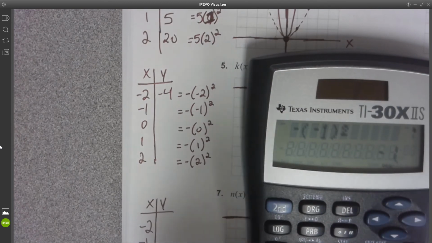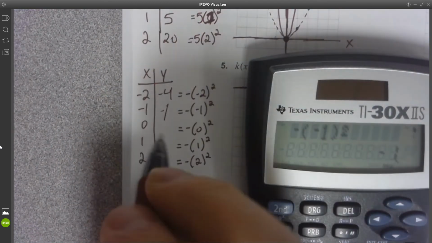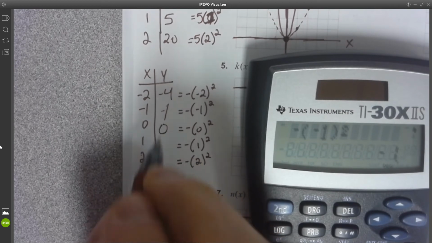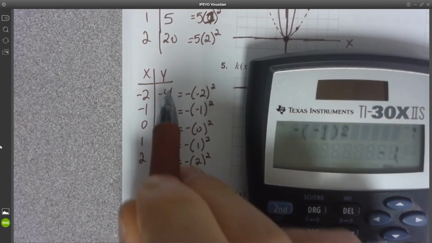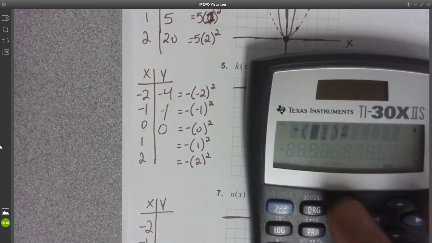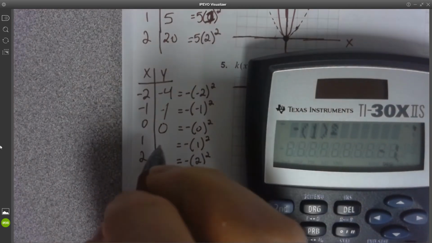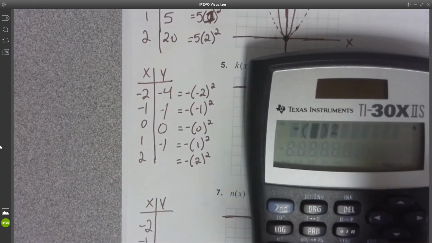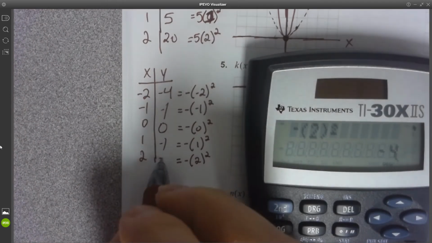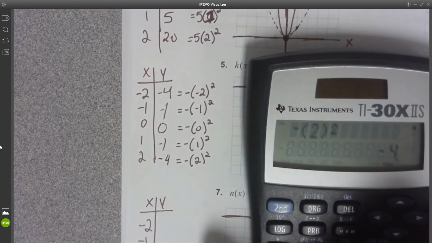Negative, negative 1 squared, negative 1. Then I'd have 0, and it should be these same two numbers, so let's make sure. Negative 1 again, and negative 4. So again, we have our symmetrical graph.